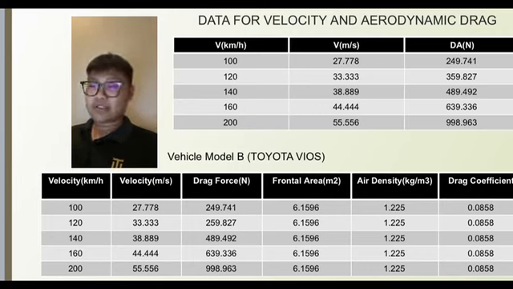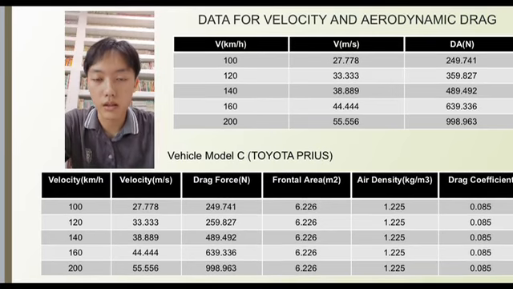For the Toyota Vios, the frontal area I got is 6.1596, and the drag coefficient is 0.0858.